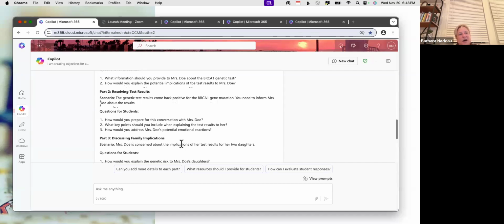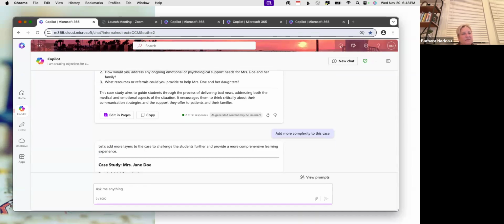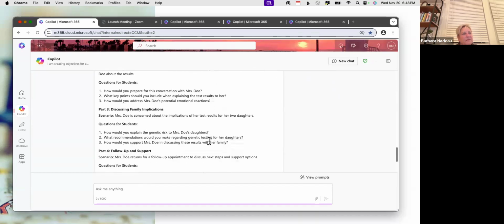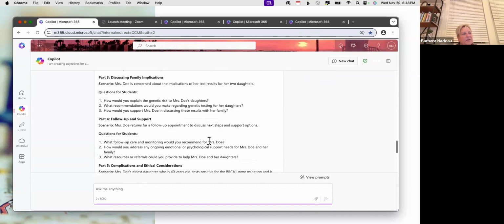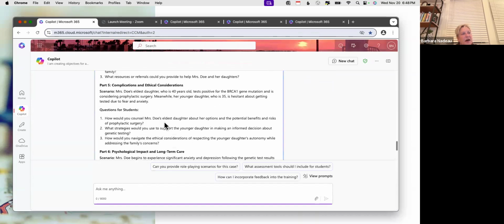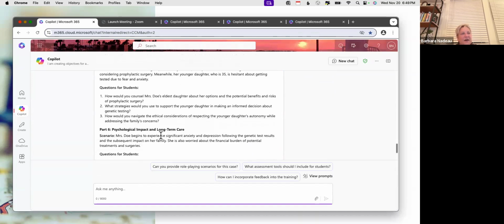And again, I could say, add more complexity to this case. And so now it's gone on. And so the daughter just tested positive.